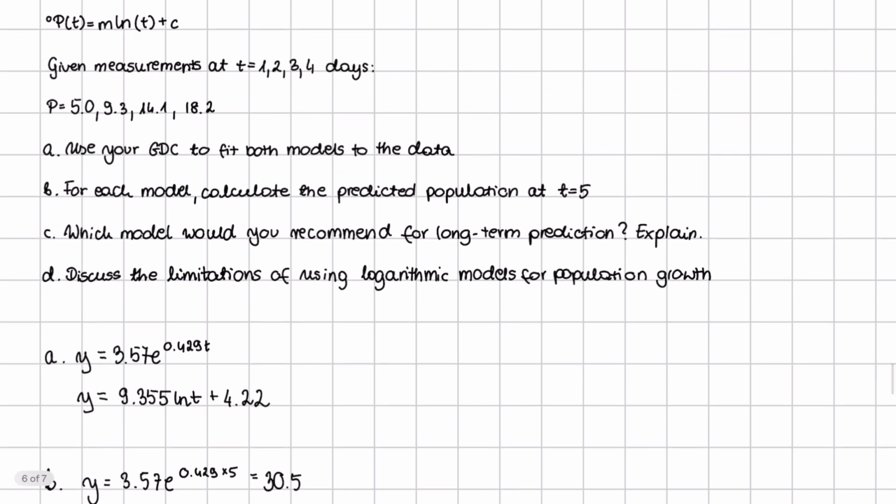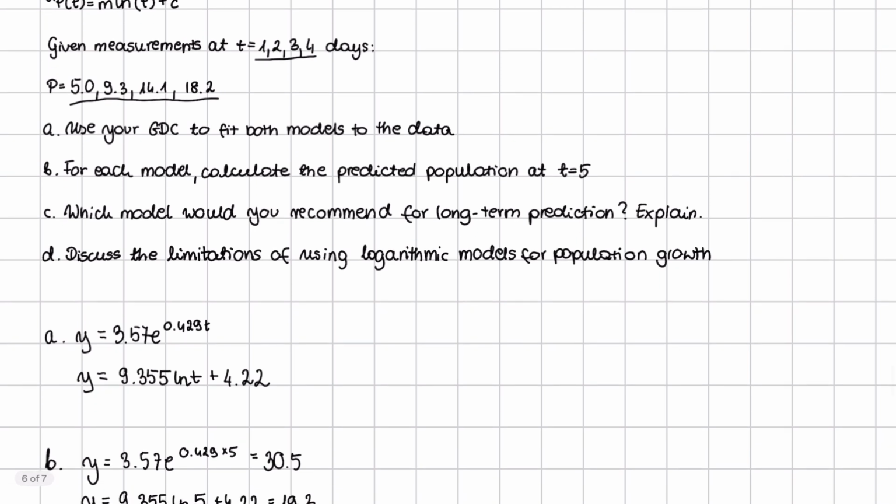So we have only 4 numbers as days, so we will substitute all of them to both functions, and these are our predicted answers. When we substitute t equals 1, we will have probably a different value than 5. So the difference between the actual value and predicted value will be our residual.